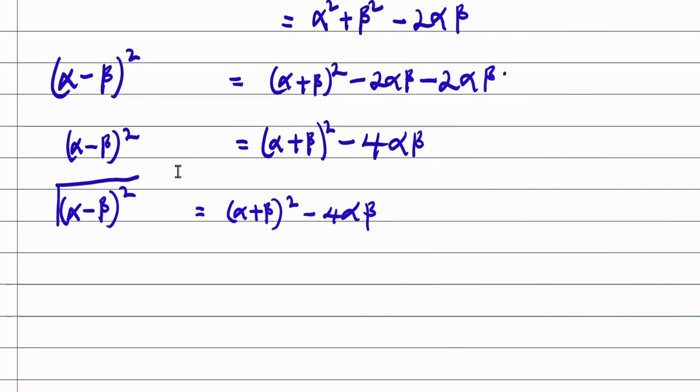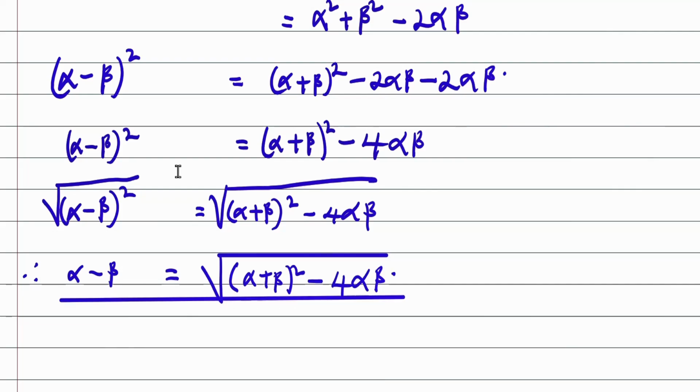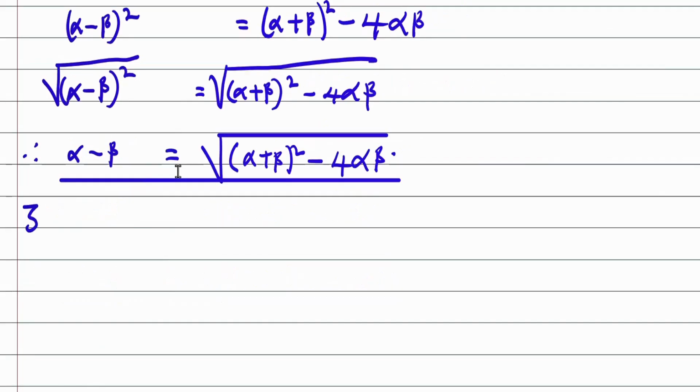So we take the square root on both sides, such that we are going to have alpha minus beta being equal to the square root of alpha plus beta, squared, minus 4 alpha beta. Therefore, this becomes the answer for that part. We can now go to number 3.